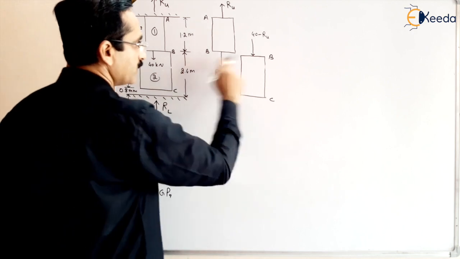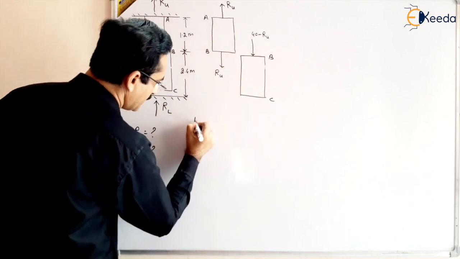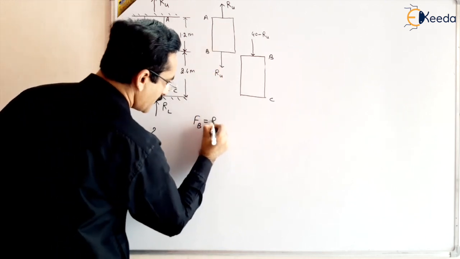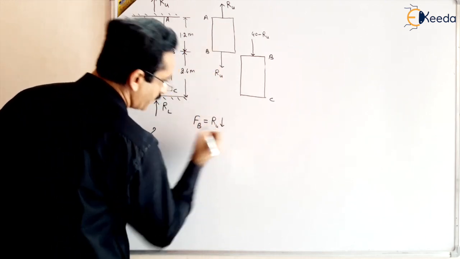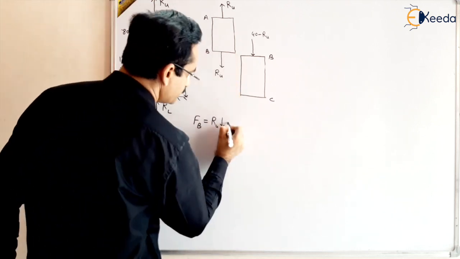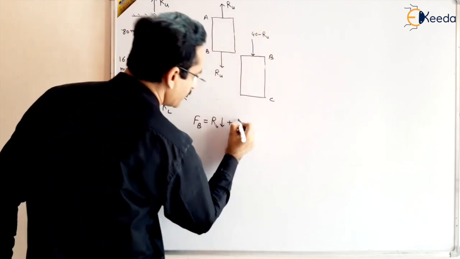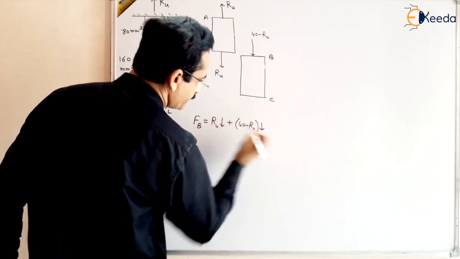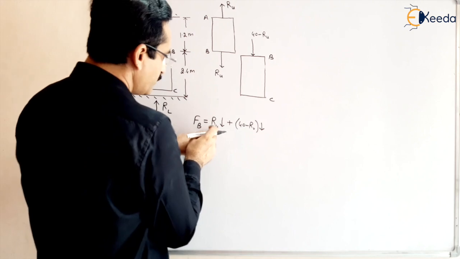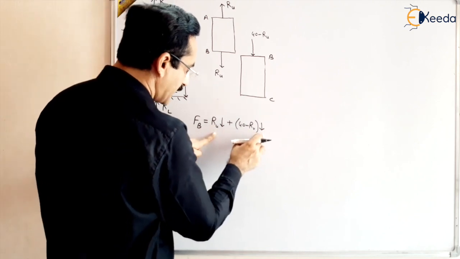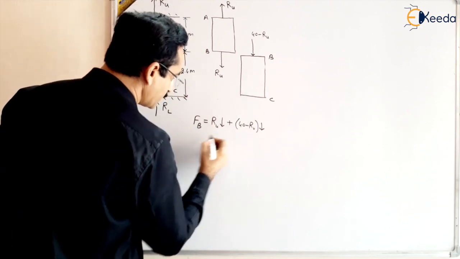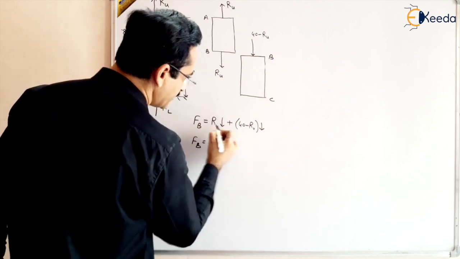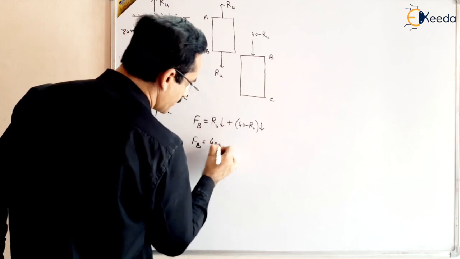You can check here, force at B, FB will be equal to RU downward plus 40 minus RU downward. So this is RU downward positive, this is RU downward negative. It will cancel out and you will get the total force on FB. By solving this, you will get 40 kilonewton downward.